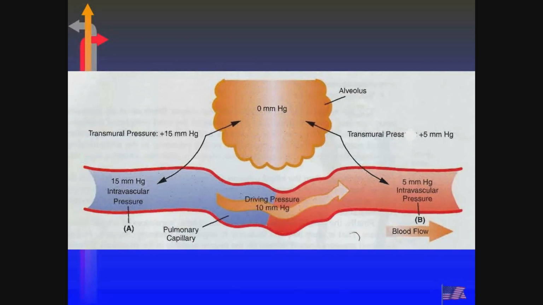It's a difference of 15 here, 15, 0, 10, 0, 5, 0. So the transmural pressure changes as the different pressures change. I know that there has to be a drop going from the left side to the right side, otherwise blood wouldn't flow. Assuming alveolar pressure doesn't change, that transmural pressure is going to drop as you go across it.